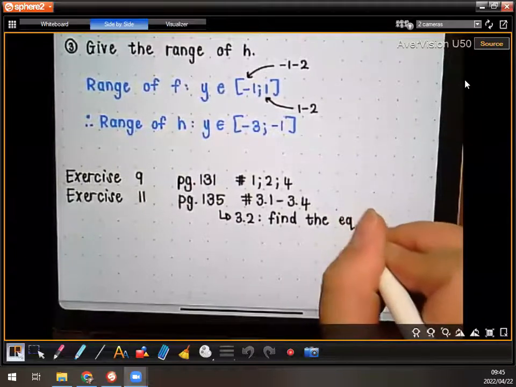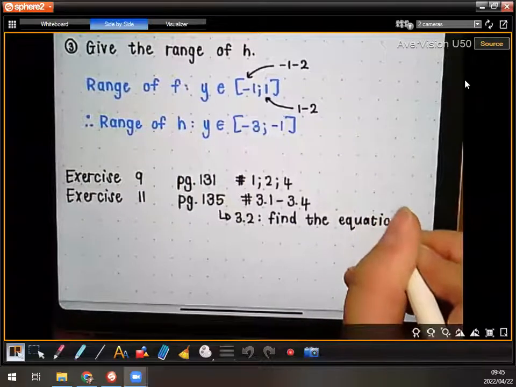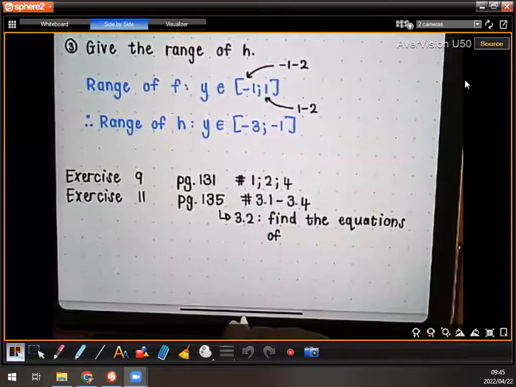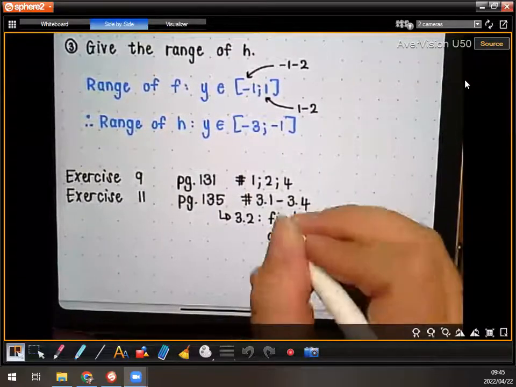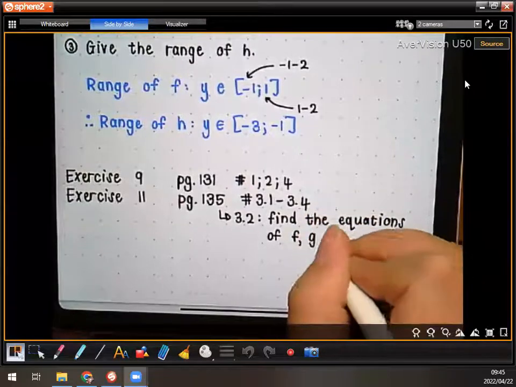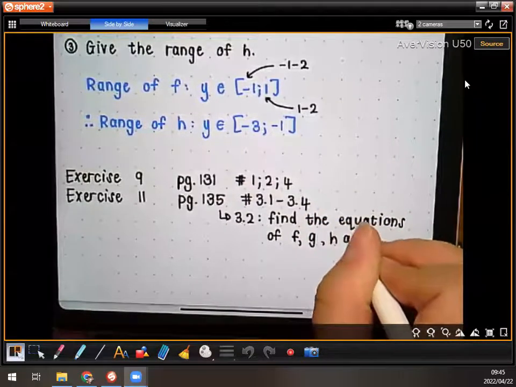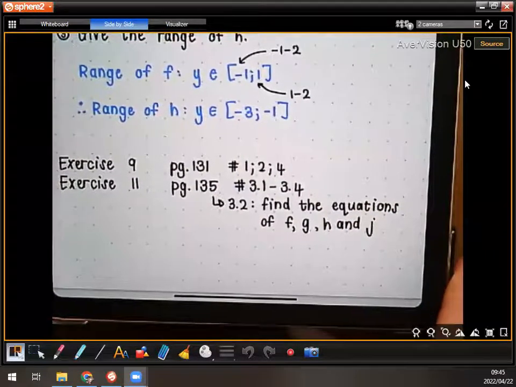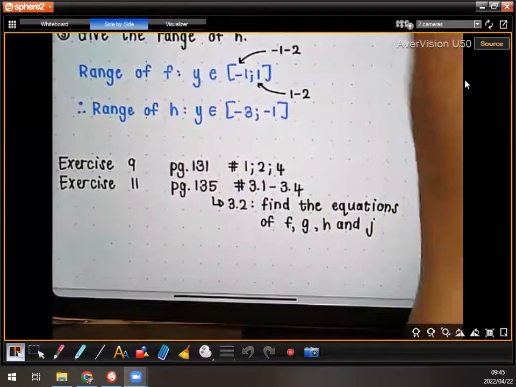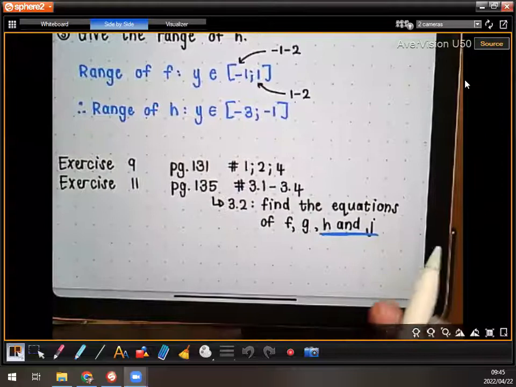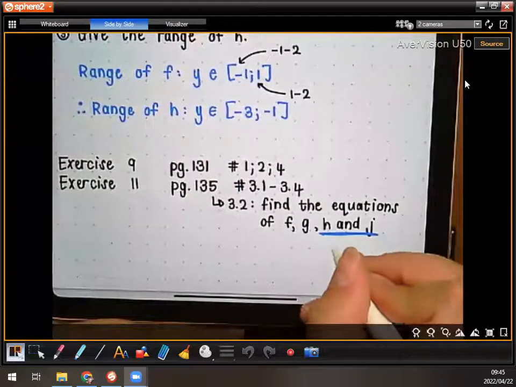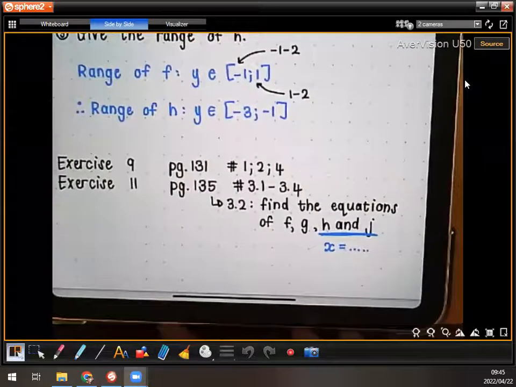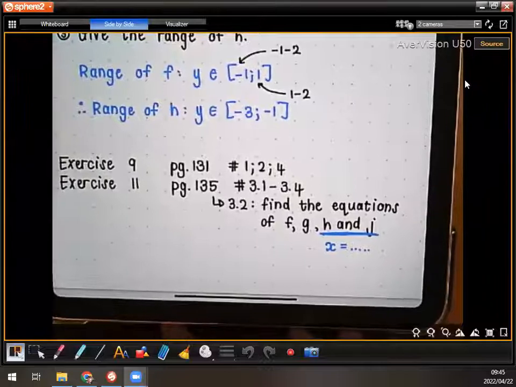So I'm just going to say find the equations of F, E, H, and J. So guys, H and J are actually asymptotes. They're not full trig graphs. So those equations are just going to be x equals whatever x value it cuts. That's going to be the equation of H and J. So you'll just have to figure out what those values are.